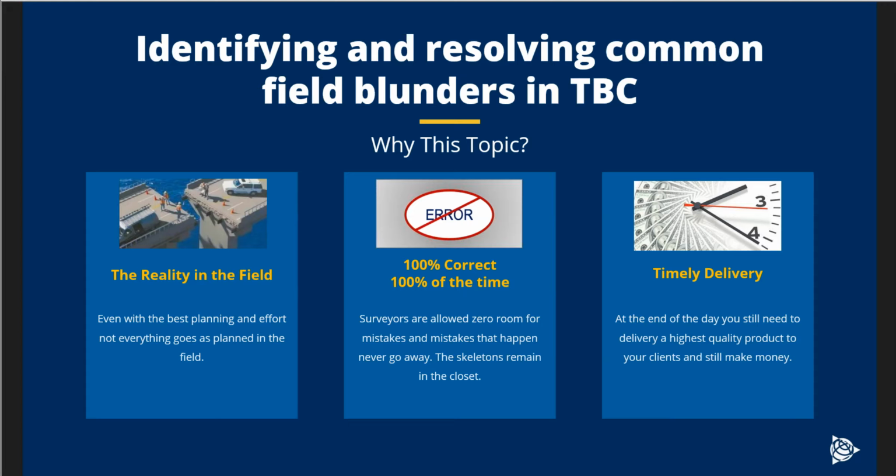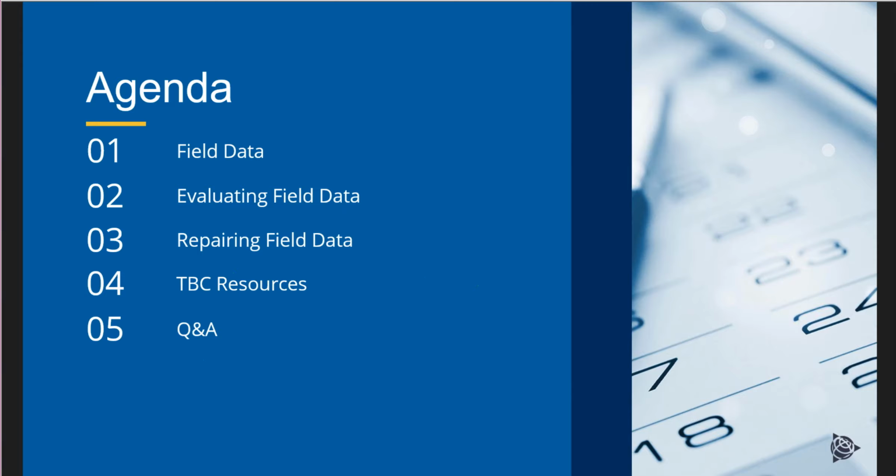Even in my 31 years, the turnaround time has definitely expedited and raised, and things go in and out from the office to the field, from the office to the field, back to the office and to the client much faster than they did 30 years ago. So this is something that's constantly evolving.